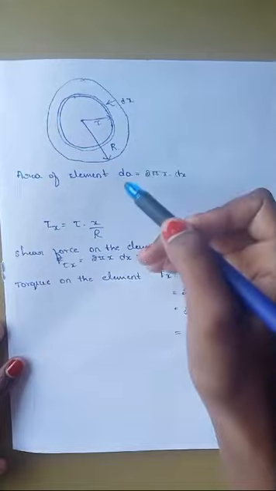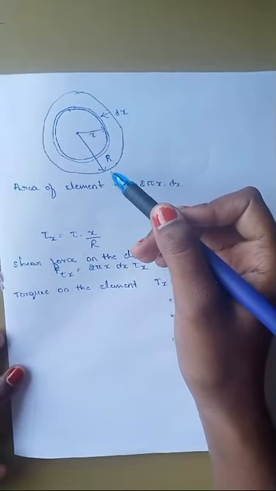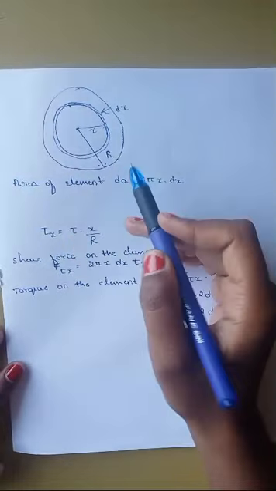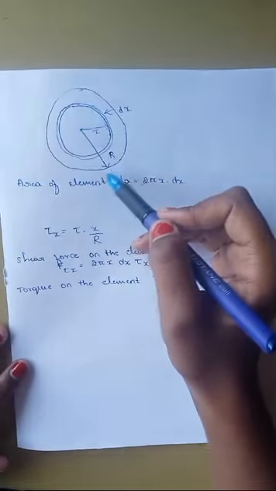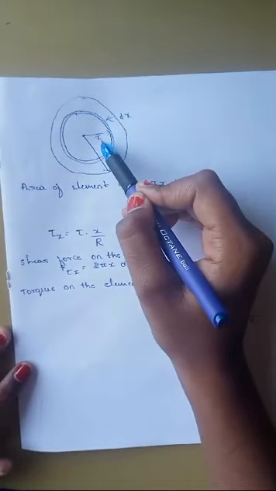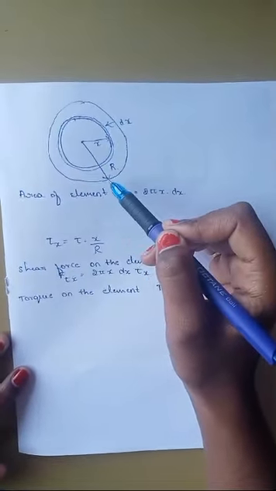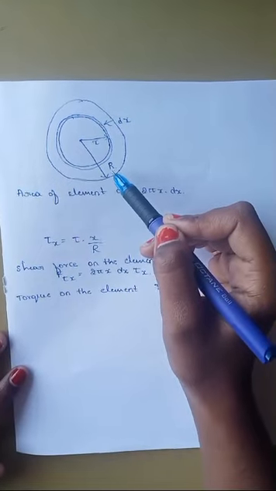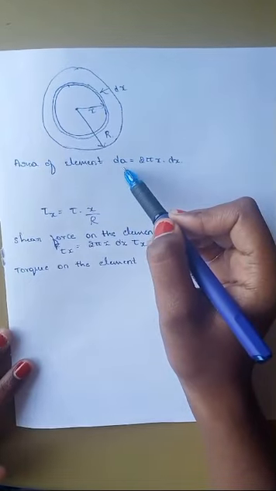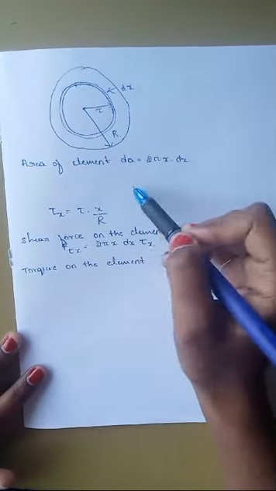To find the relationship between the torque and shear stress, consider a section of the shaft subject to the torque T, as shown in the figure. Take a hollow circular element of radial thickness dx and radius x. Assume that the shear stress at the surface of the shaft is tau, which is the maximum shear stress induced in the shaft.